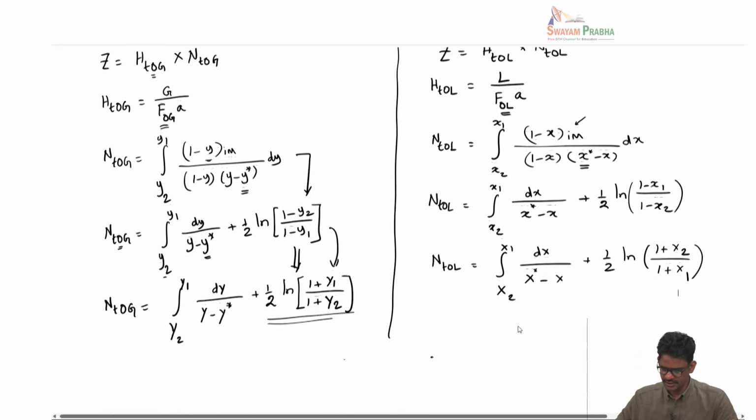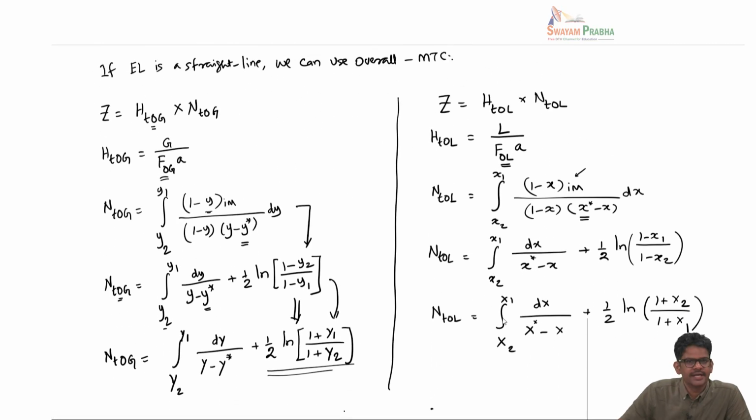Yeah. Okay. So here I have written only the expression for NTOG. I'm going to now show the expression for HTOG. There you will see that the overall coefficient can be written in terms of local coefficients only if the equilibrium line is a straight line.